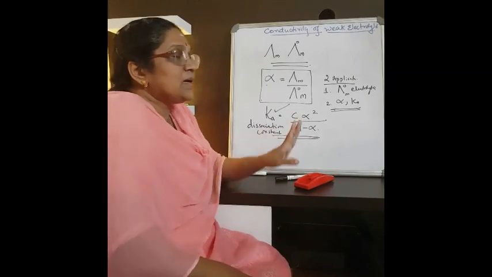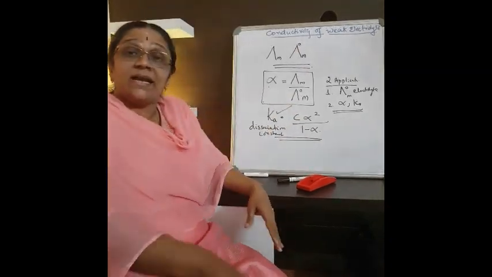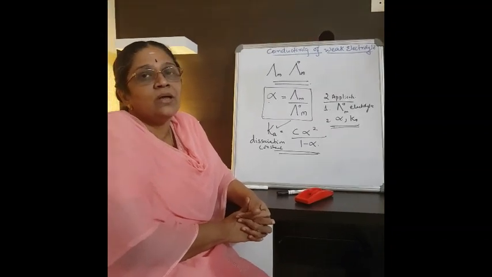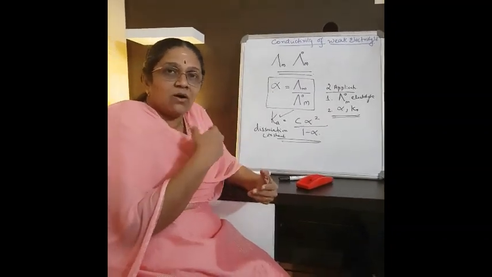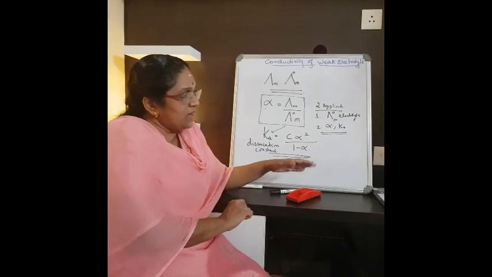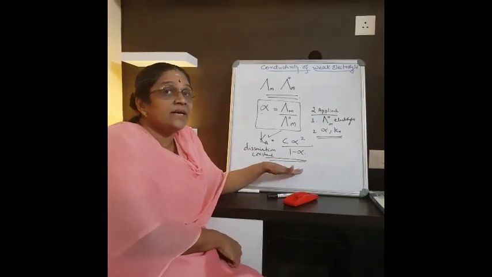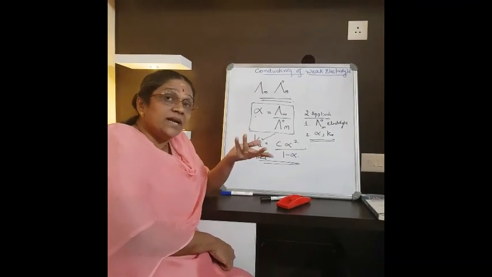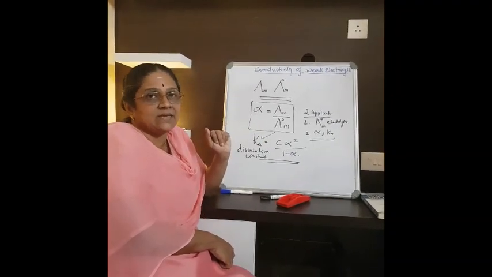Now here comes the end of the qualitative aspect of the electrolytic cell. As I already told you, there are two phases. One is the qualitative aspect and the other is the quantitative aspect. Till here it was the qualitative aspect. Now we will see the quantitative aspect of this electrolytic cell.